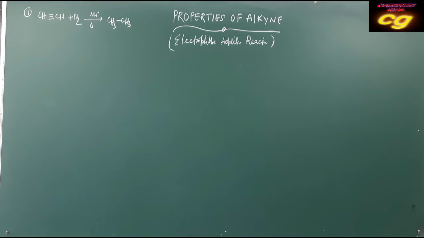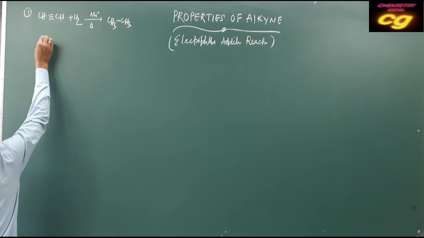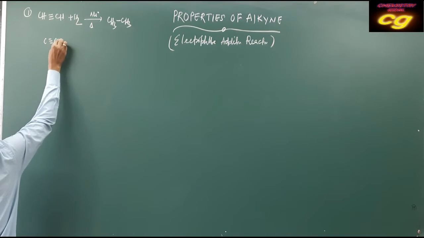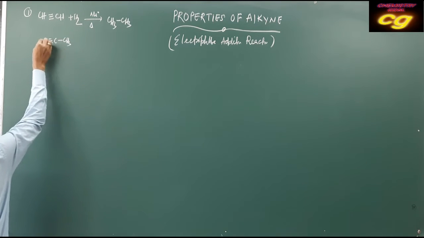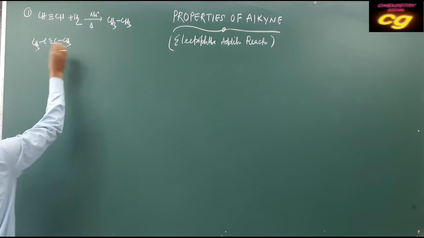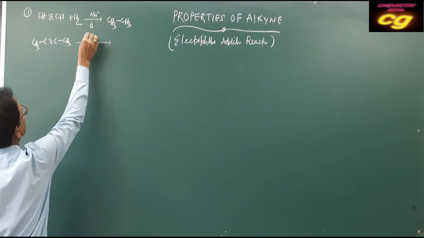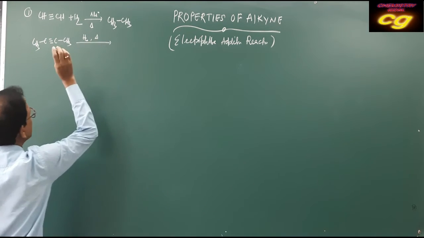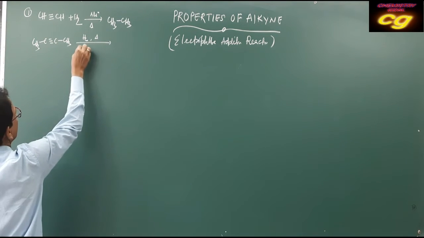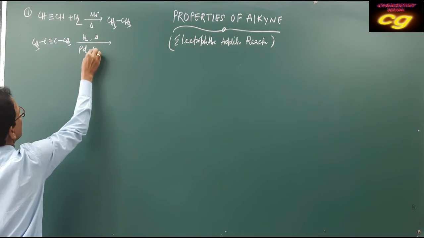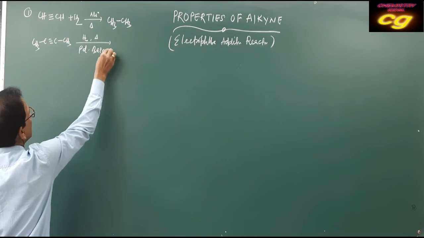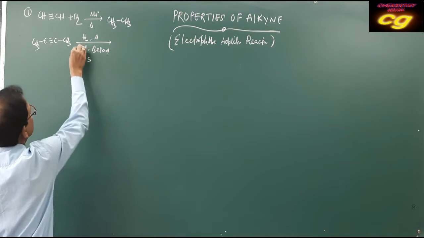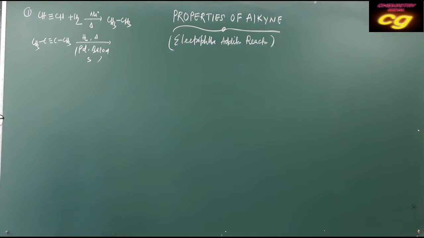But here it has been observed that if the acetylene is this type of compound, addition with hydrogen on heating in the presence of palladium, barium sulfate and sulfur, this is called Lindlar catalyst.